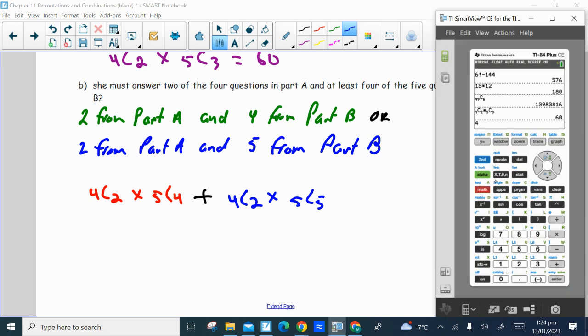4C2 times 5C4. Whoops, try that again. 4C2. Actually, I should be able to fix that.